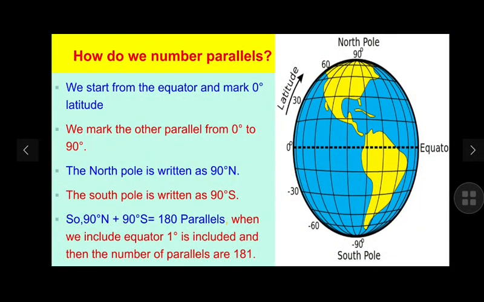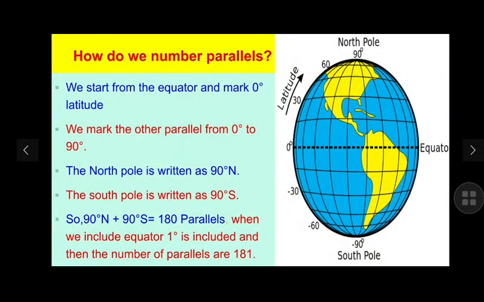Now the question comes, how do we number parallels? As we have all seen, numbers play a very important role when we talk about distance or measuring, or when we talk about degrees. So here we are going to see first how we number parallels. First we start from the equator and mark 0 degree latitude.